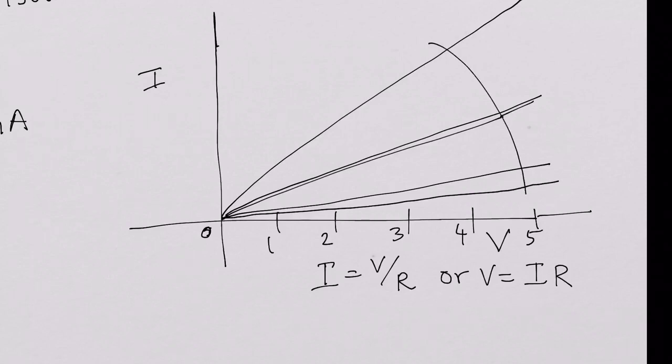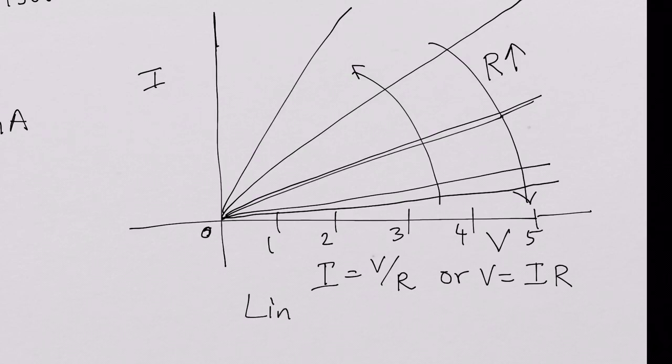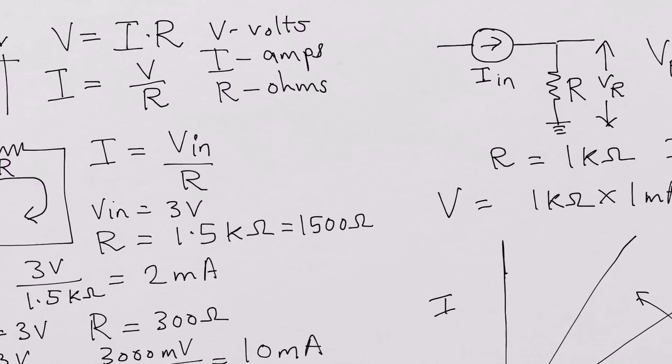So this is where R is increasing. If you decrease the resistance, the curves will look like this. For very low resistance, it could be like this. But it's always a straight line, it's linear. The relationship between voltage and current in a resistor is linear.